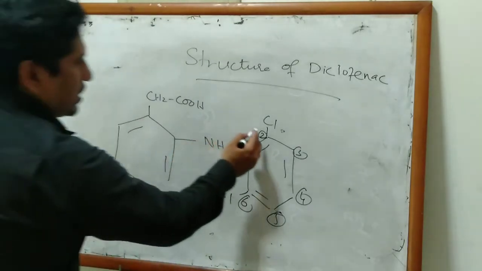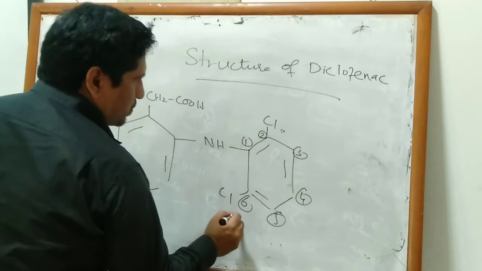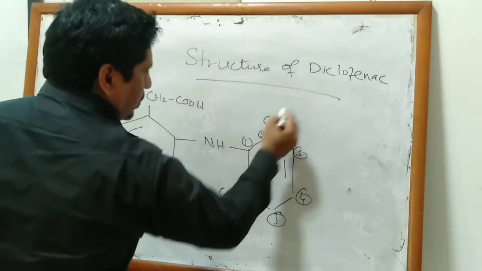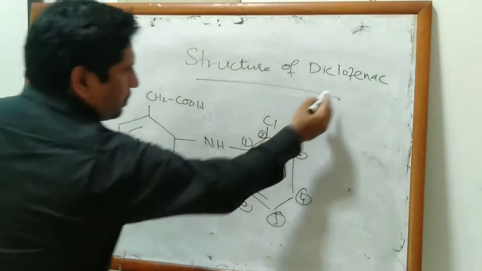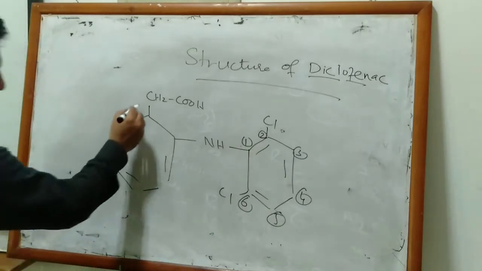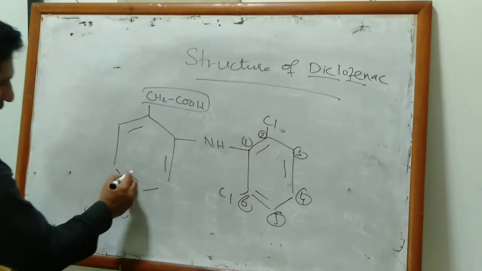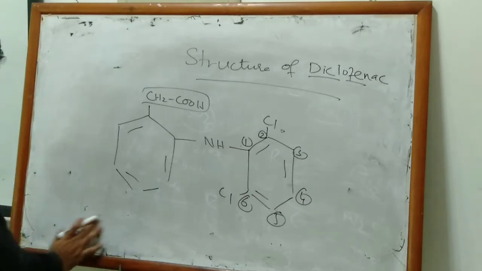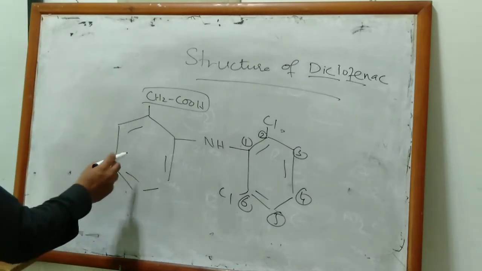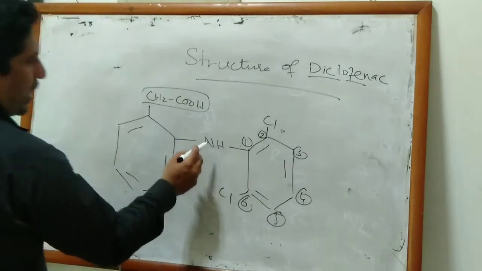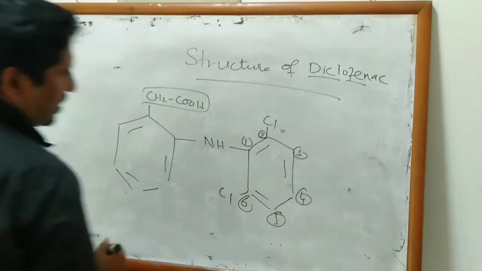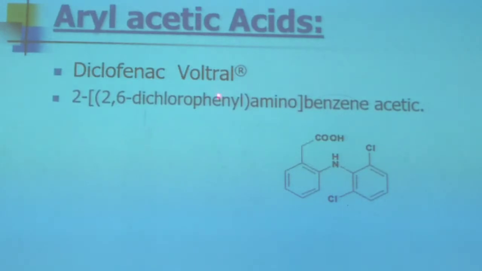So it contains chlorine at the 2 and 6 positions, that is called 2,6-dichloro, dichlorophenyl group. Ic acid, phenyl acetic acid, that is acetic acid, and that is the phenyl group. So the diclofenac structure contains acetic acid linked with the phenyl group and an amido or aniline linkage and a 2,6-dichlorophenyl linkage. It is sold under the brand name Voltral.